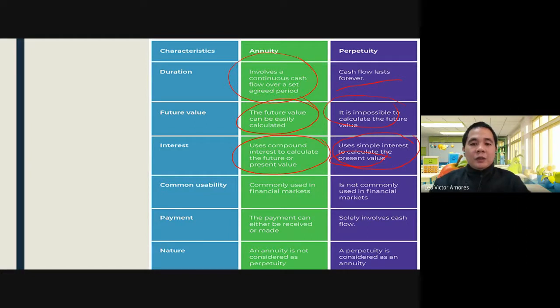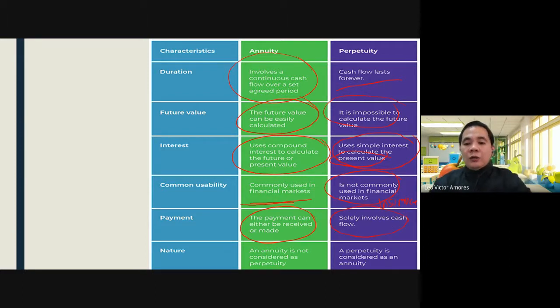Okay? In usage, annuities are usually found in financial markets, while perpetuities are not in financial markets but in insurance, like pensions. Payment can be either made or received and solely involves cash flow.